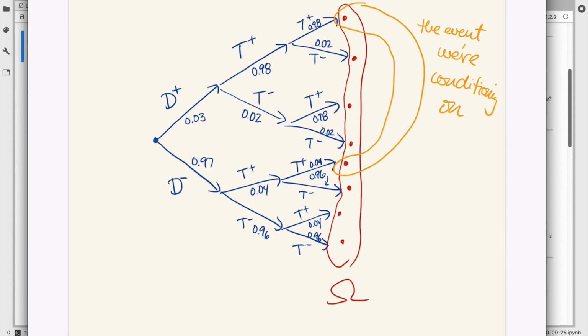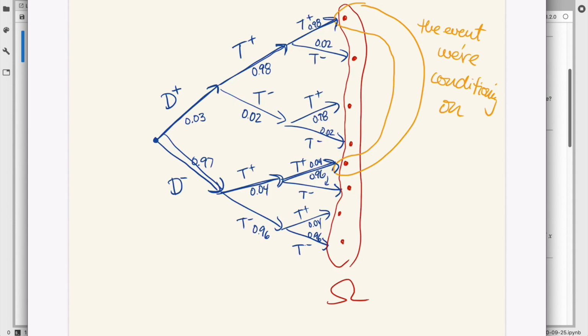And the point of laying out the diagram in a tree like this is it allows us to compute the probability of each element of omega by multiplying the conditional probabilities that appear in the path to that point. So for example, to get up to this top point, we multiply 0.03 by 0.98 by 0.98. And to get the probability of this point, we multiply 0.97 by 0.04 by 0.04.